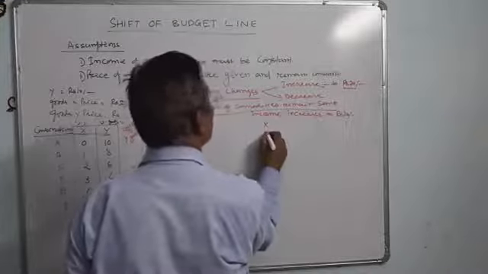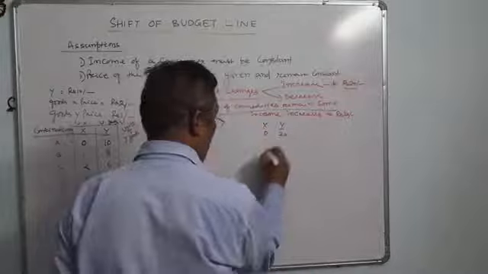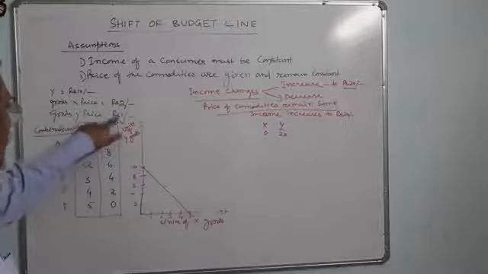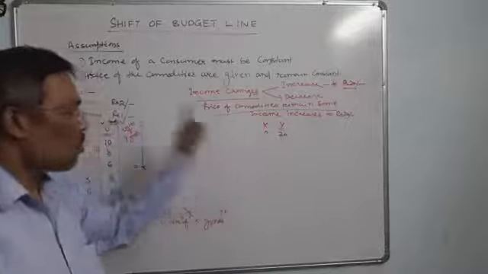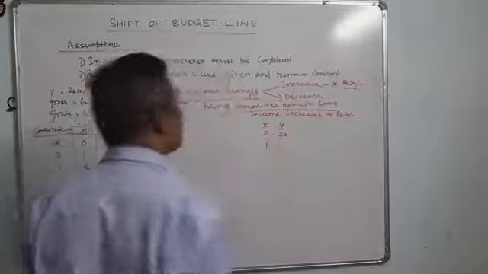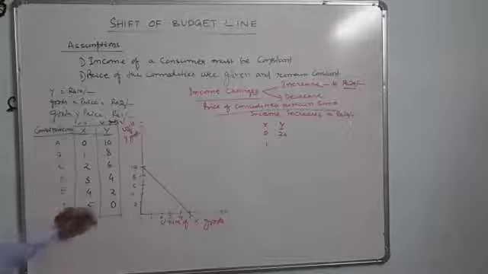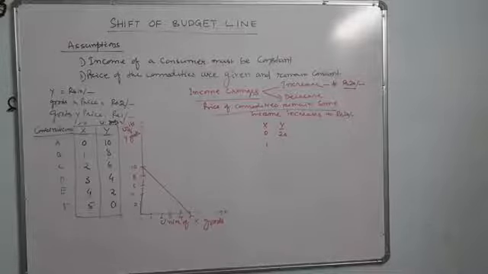X goods 0, Y goods 20 units, because the per unit price is ₹1, so 20 rupees means 20 units of goods Y. For 1 unit of goods X, 2 rupees is spent, so the remaining is 18 rupees, and 18 units of Y can be demanded.